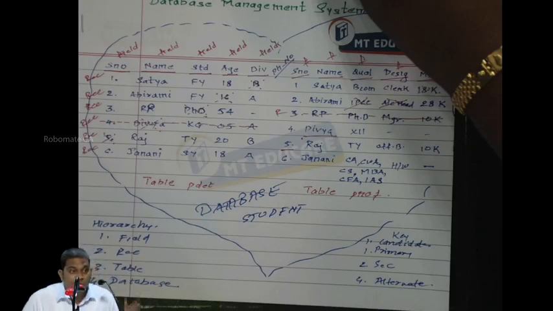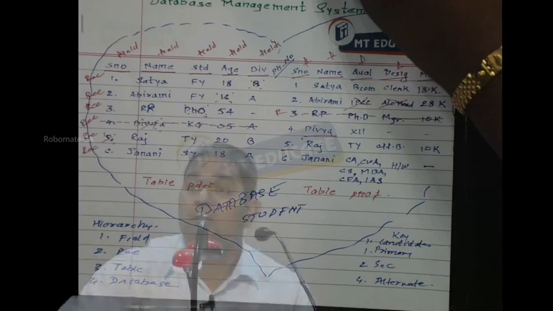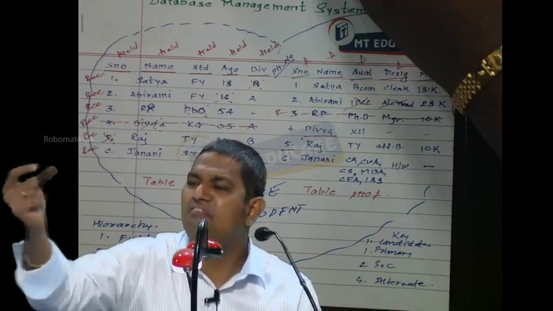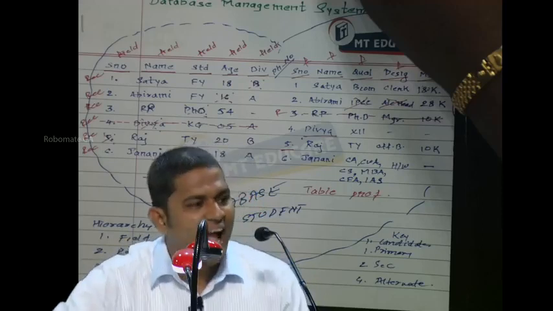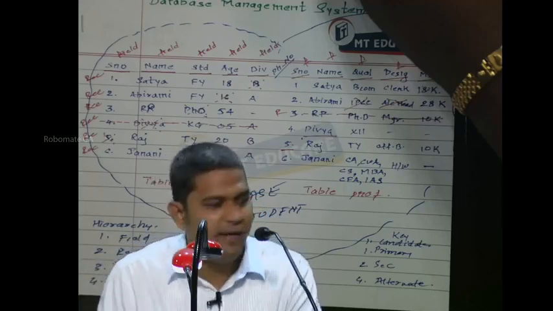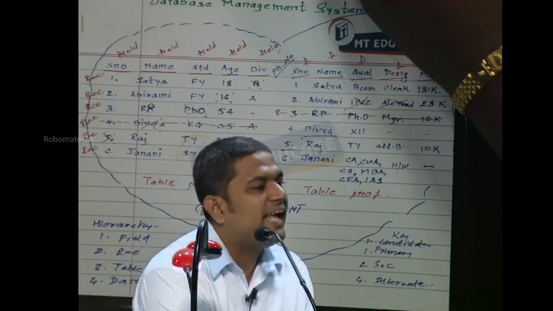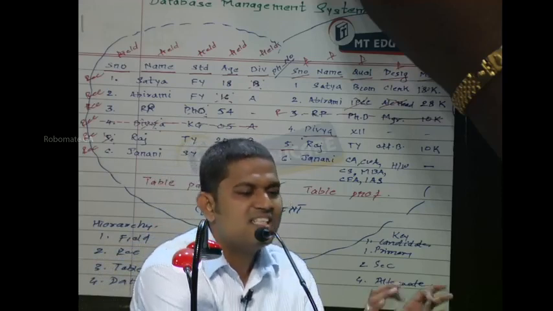It's all about quality assurance. Quality assurance means assuring that you get quality each time, every time. So database management systems will give me information which is quality information. Plus, it will give me the data quick and fast, because if I want to search the data of one Mr. Satya, I'll not go checking each and every page. I'll just type the text which is required to be searched.